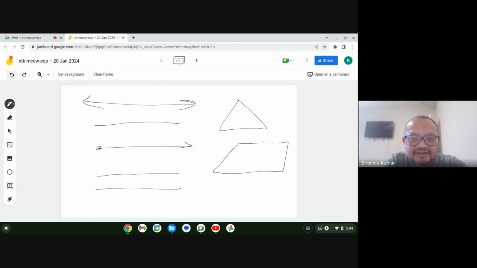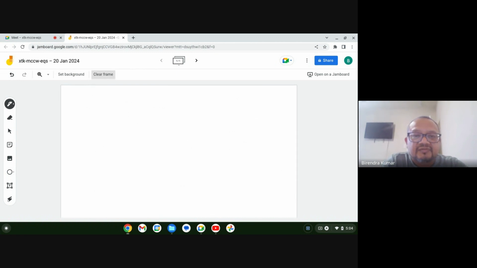We talked about rectangle. We talked about square and the properties. We talked about trapezium.